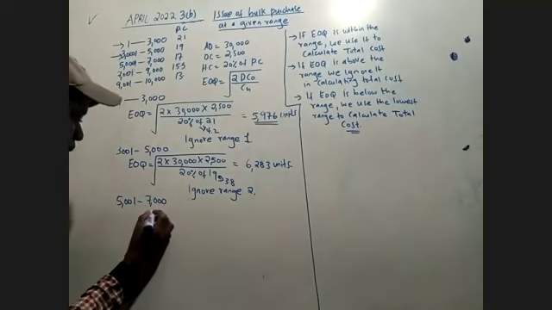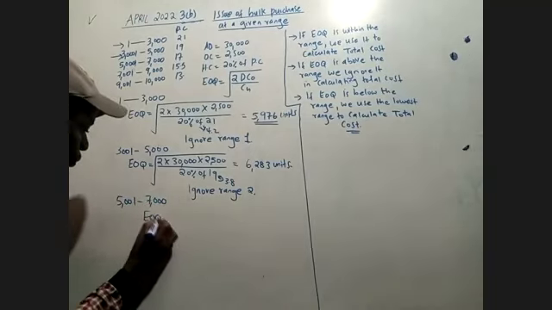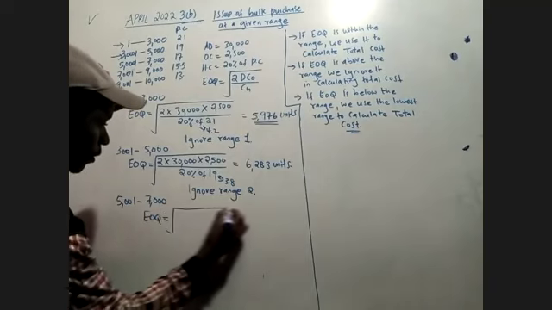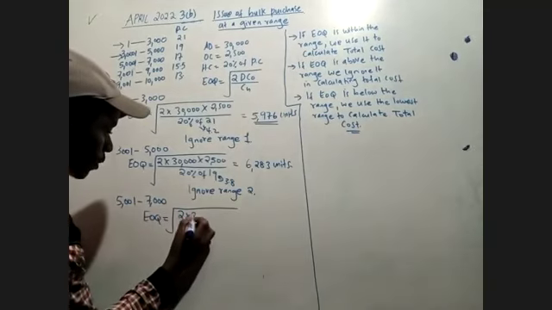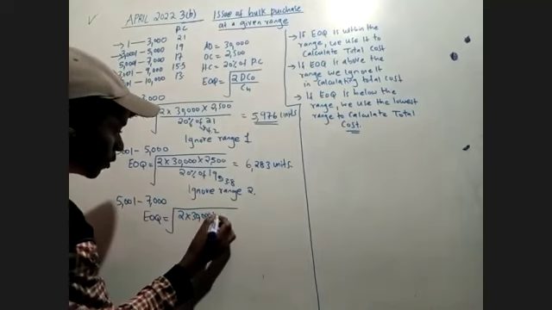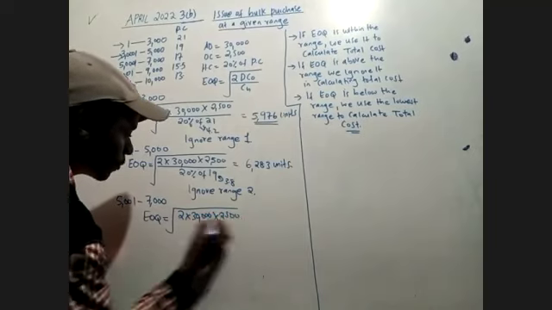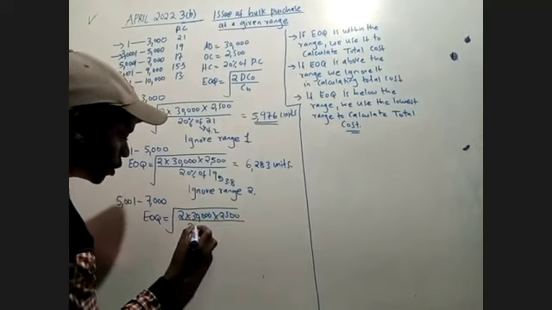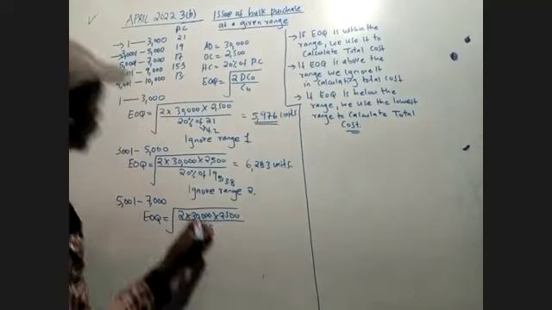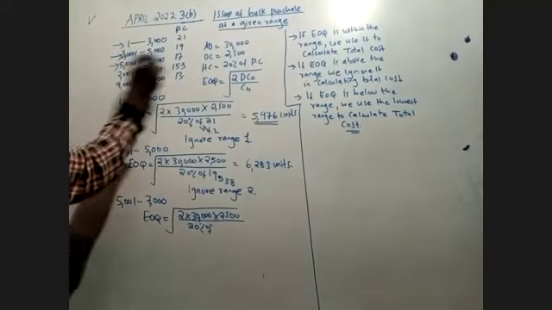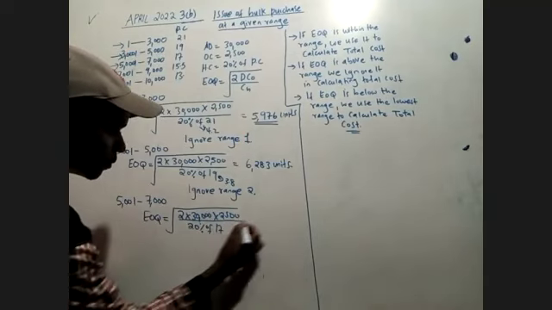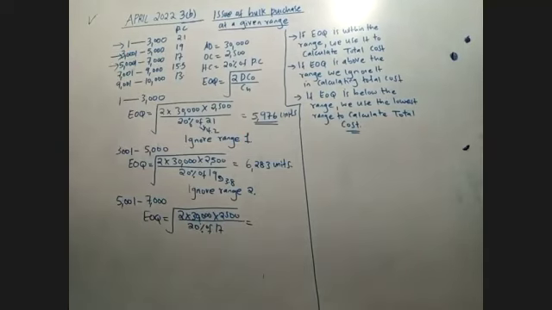We find the EOQ, which is 2 times 30,000 times 2,500 over 20% of the upper price. What is our upper price? 17.